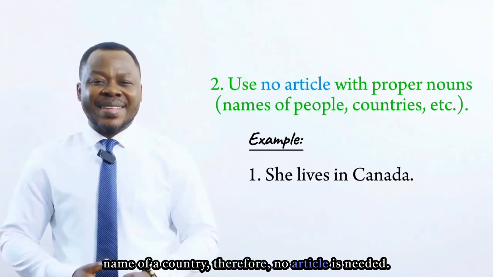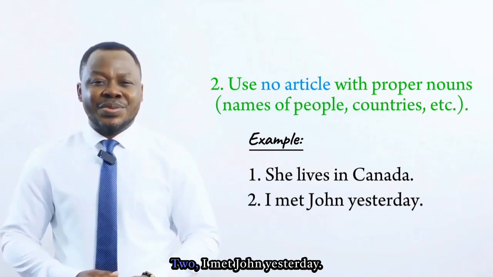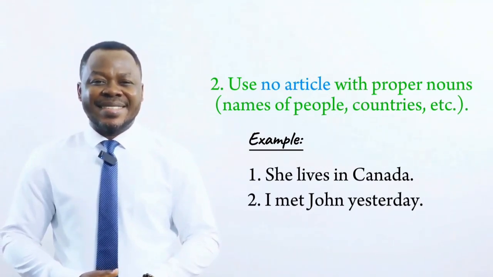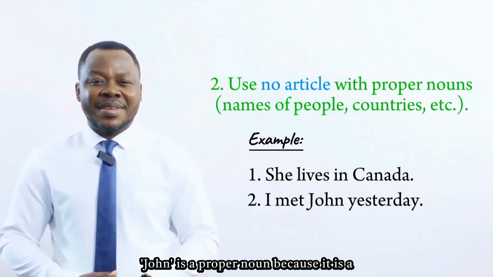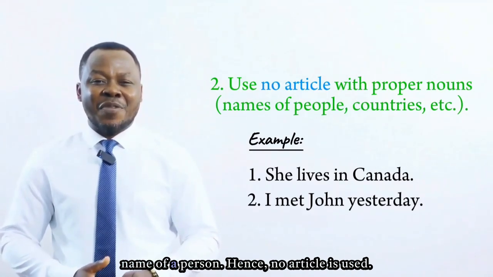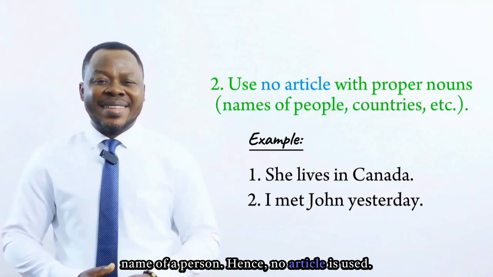Therefore, no article is needed. 2. I met John yesterday. John is a proper noun because it is a name of a person. Hence, no article is used.